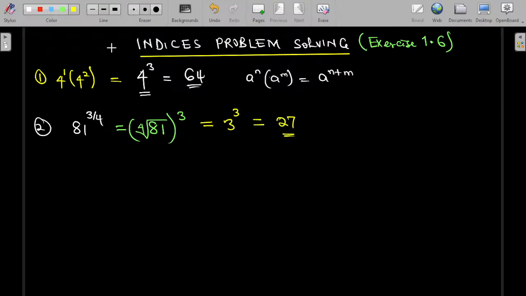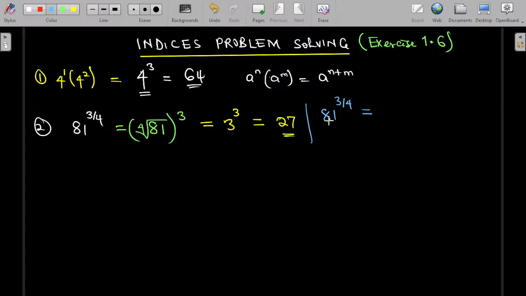Now recall that in that video I also mentioned that you can use another approach here. I can do 81 to the power of 3 over 4, instead of using roots, by changing 81 to index form. In that case, I'll try to see if it is possible to get an index form where the power will be equal to the denominator of what I have here, or even if it is not exactly equal, it should be something that the denominator can divide.